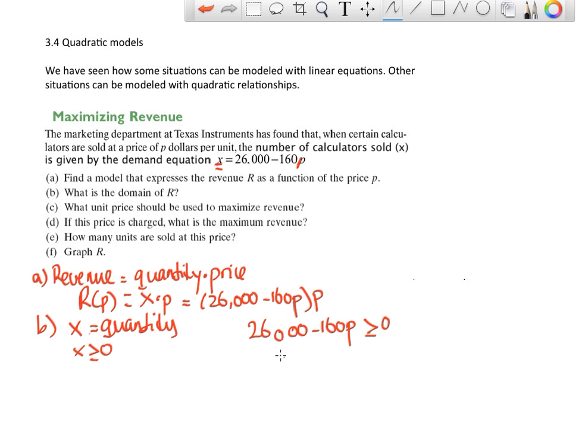So we can solve this. 26,000 is greater than or equal to 160P, divided by 160. So P would be less than or equal to, and it comes out as 162.5. So the domain would be between 0 and 162.50.